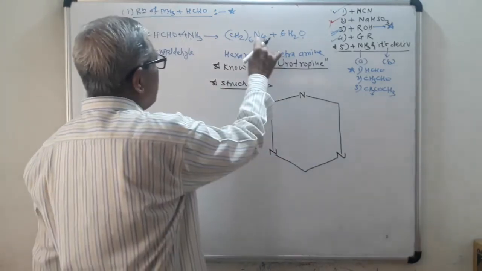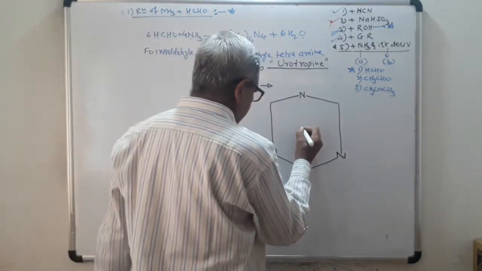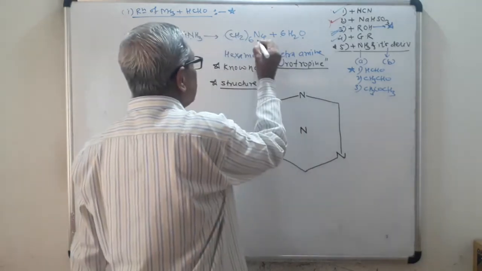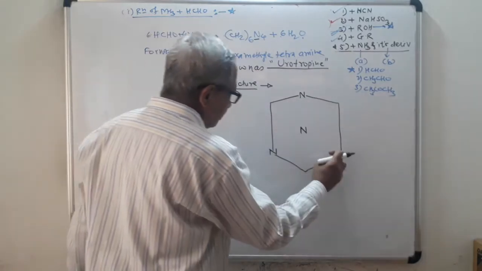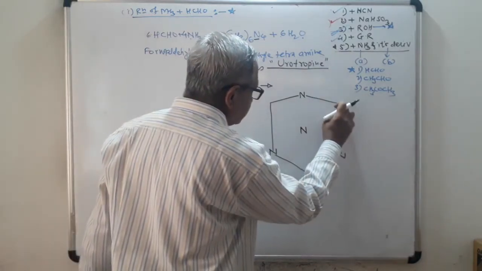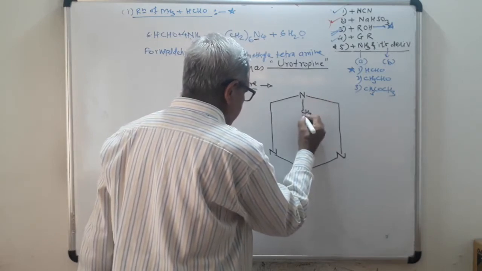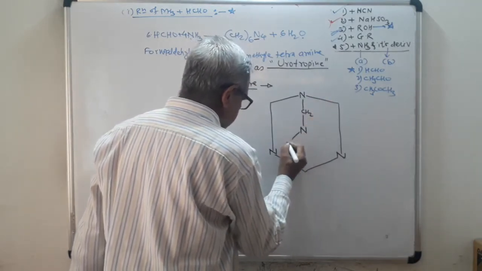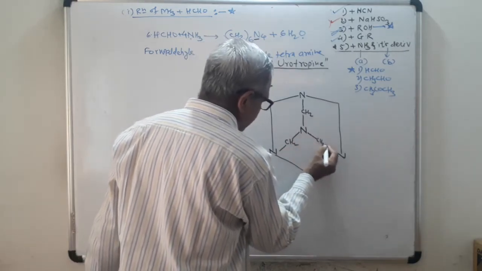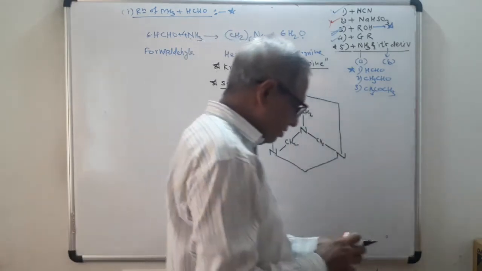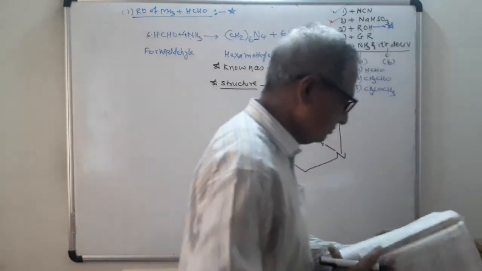We need here 4 nitrogen atoms. Alternately show nitrogen atoms, indicating the 4th nitrogen atom. So we completed the 4 nitrogen atoms here. In between 2 nitrogen atoms there is 1 methylene group. This is the CH2 group. You can also indicate another CH2 group, another CH2 group here. So this is the structure of hexamethylene tetraamine.